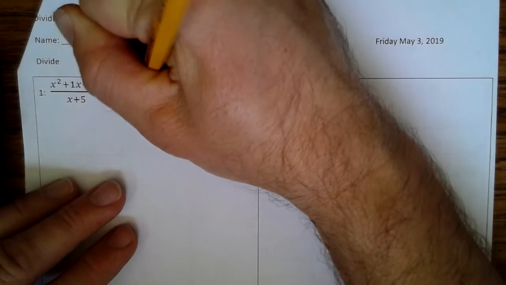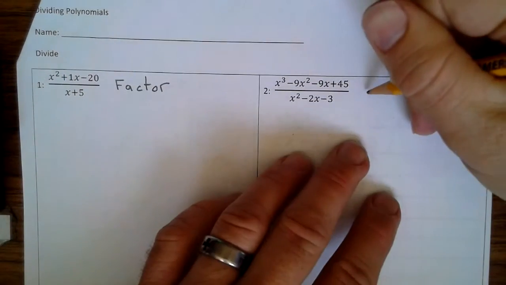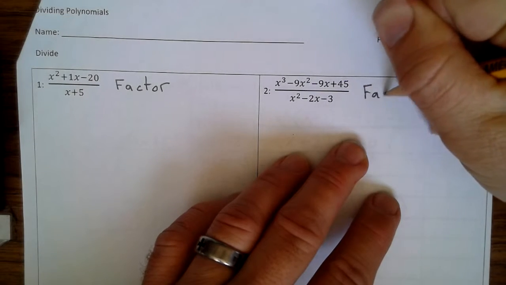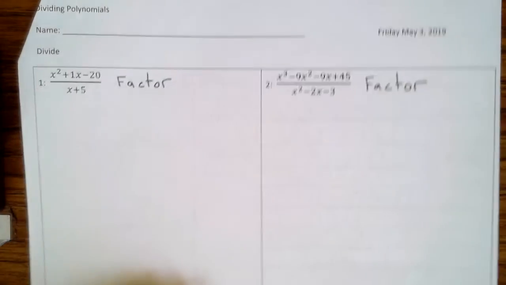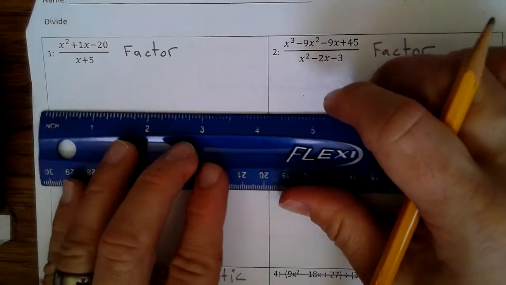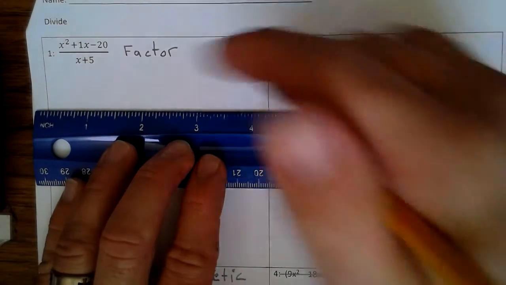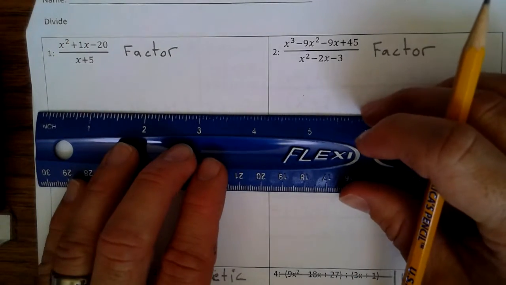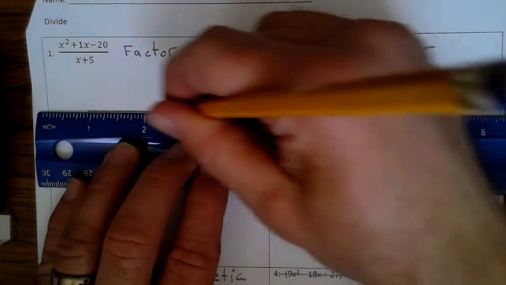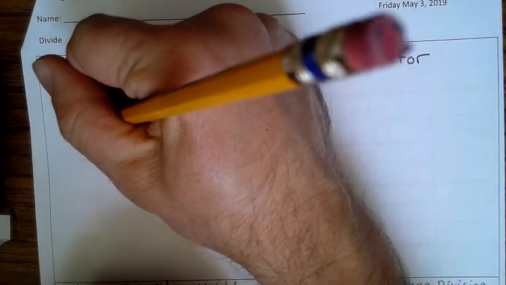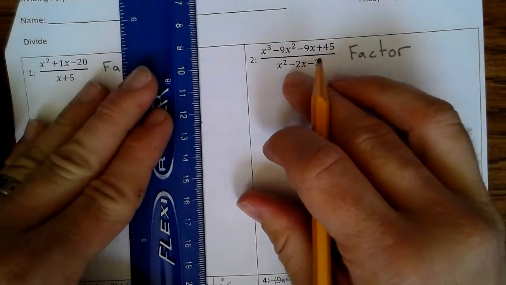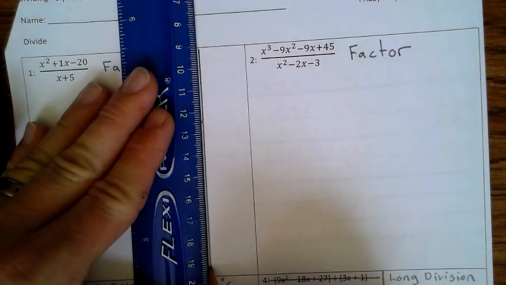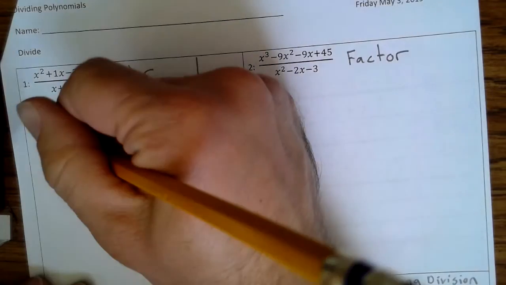So your work should look something like this. In number 1, leave space for multiplying. Find the combinations. And in number 2, you're going to need some lines of work to factor.